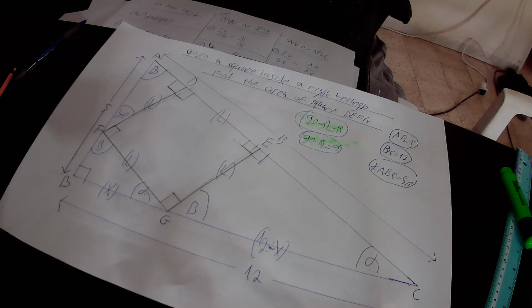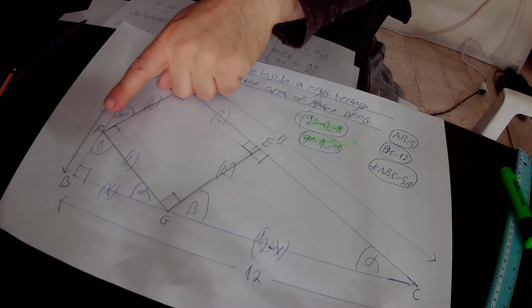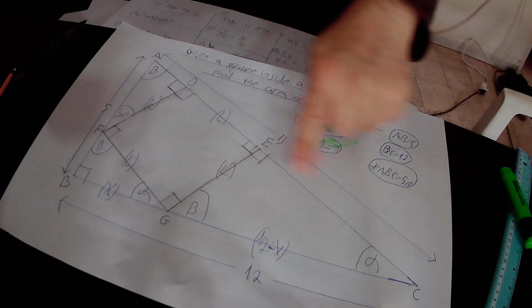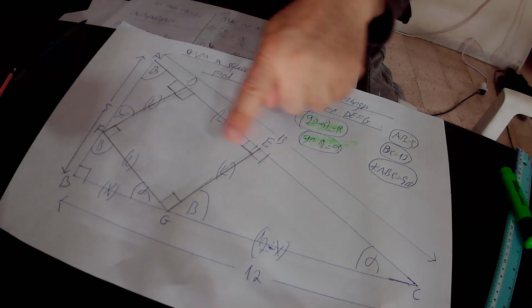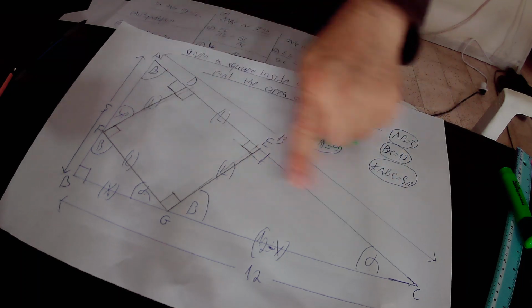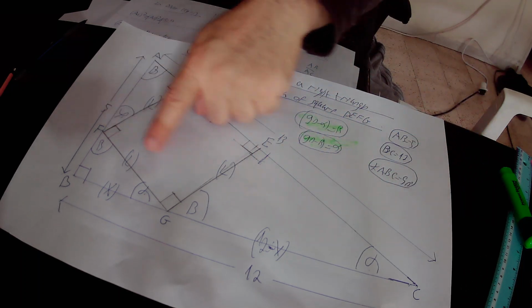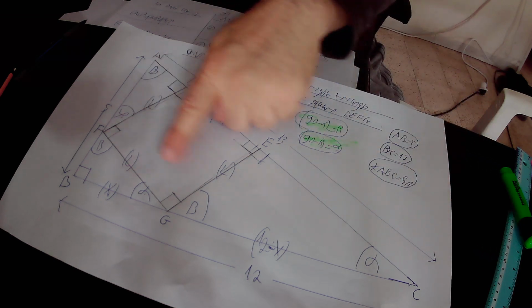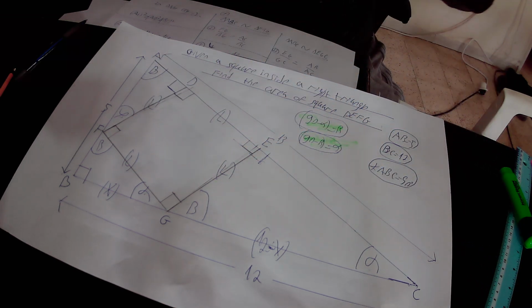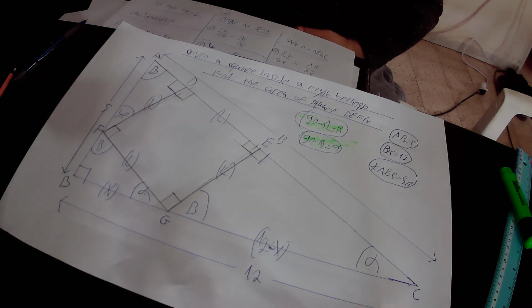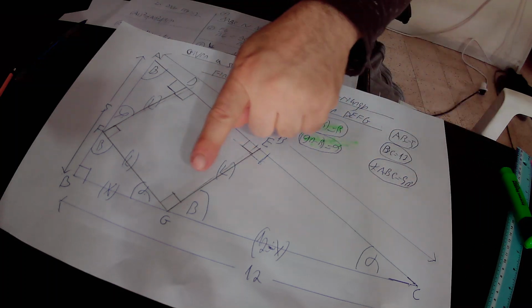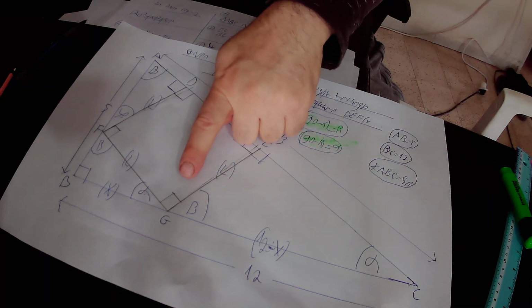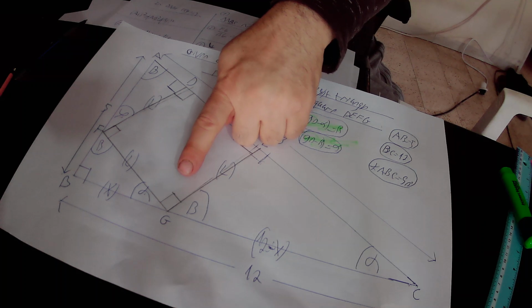Okay, then we focus line segment BC is one side of the right triangle ABC, therefore it is absolutely a straight line. So if we focus on the upper side of this straight line BC at point G, here the sum of the angles must be equal to 180 degrees according to the rule that I mentioned. So which angles we have at the upper side of BC at point G, we have this angle that is beta, plus this angle that is equal to 90 degrees, plus the missing angle.